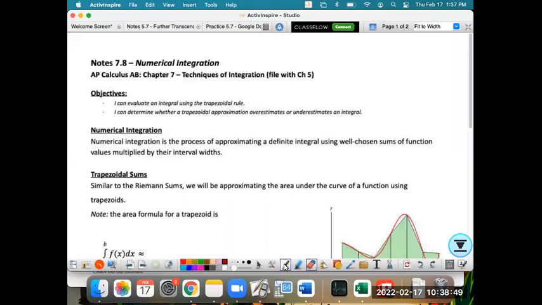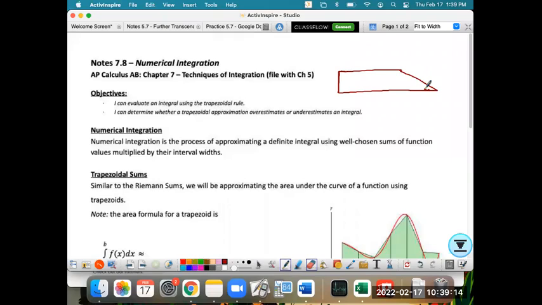We are going to do something similar to Riemann sums. Riemann sums use what shape? Rectangles. And we're just going to be using trapezoids, which is just this shape. A parallelogram, and I'm just going to make one of the edges flat.